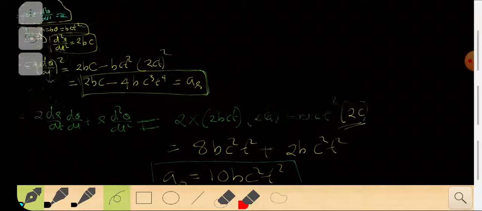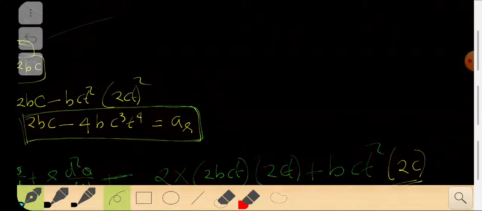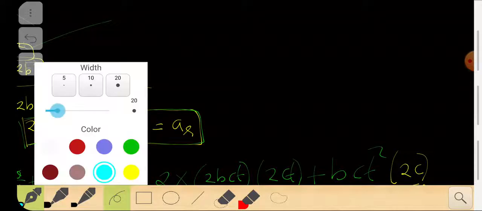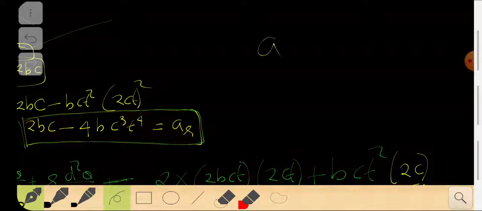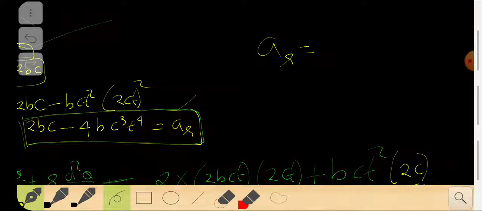So for a_r, I'm going to do it here. a_r will be equal to 2bc minus 4bc³t⁴.